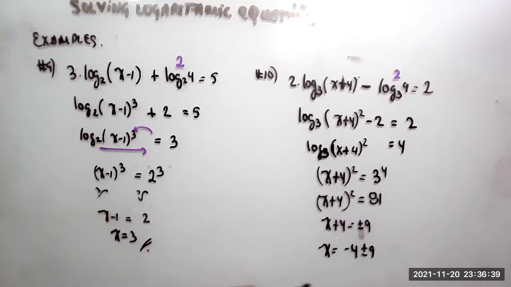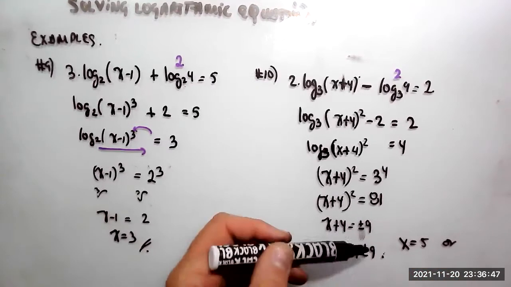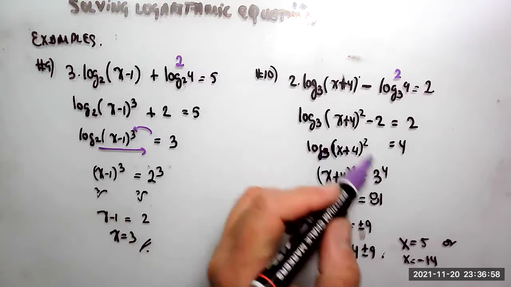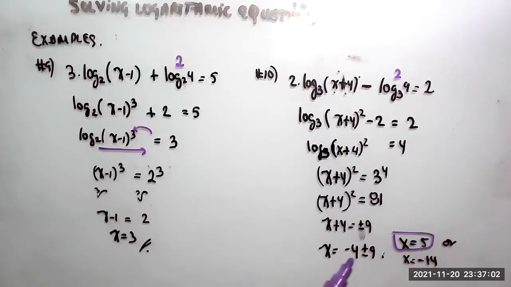So 2 potential solutions. What are my 2 solutions? 9 minus 4, so x equals 5, or negative 4 minus 9, x equals negative 14. We need to verify both numbers. Of course, when x equals 5, 5 plus 4 will be positive, so x equals 5 works.